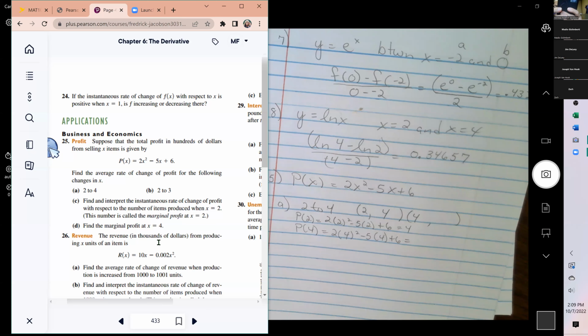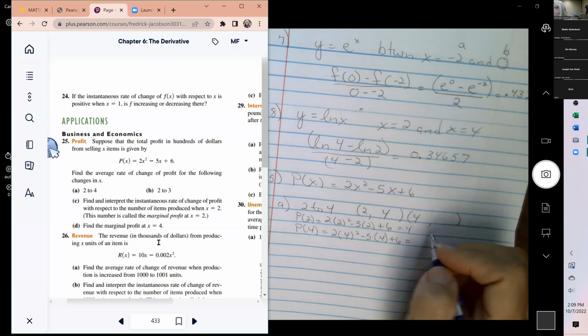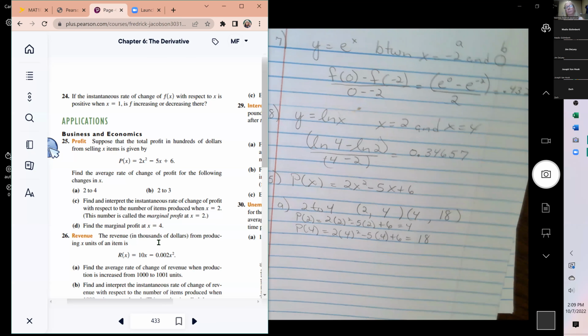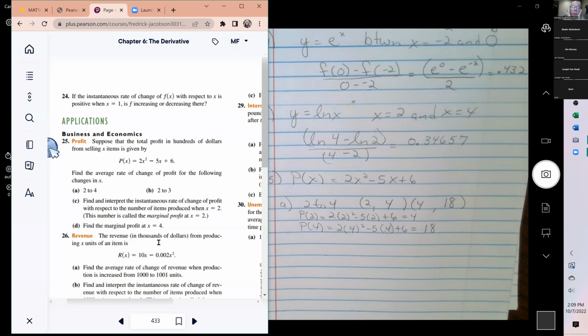Two times 16 minus 20 plus 6. Any questions on finding the parts?